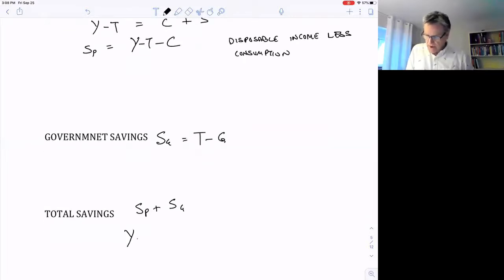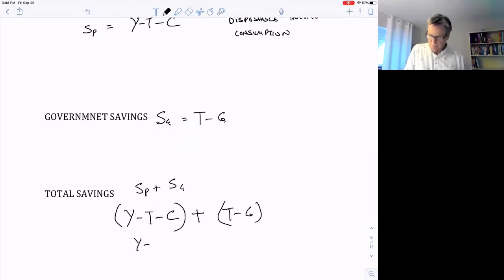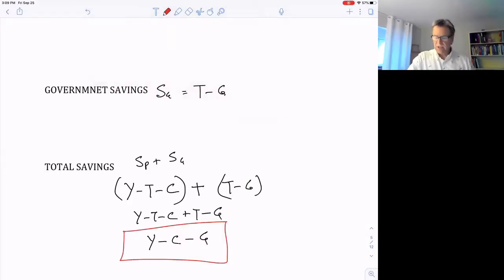Well, private savings is Y minus T minus C. Government savings is T minus G. So we have Y minus T minus C plus T minus G. The T's cancel, and we have Y minus C minus G. So total savings is Y minus C minus G.